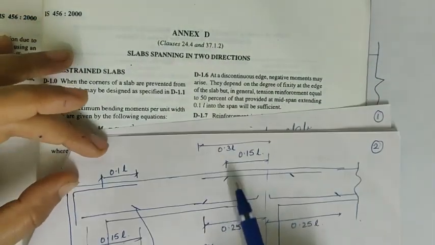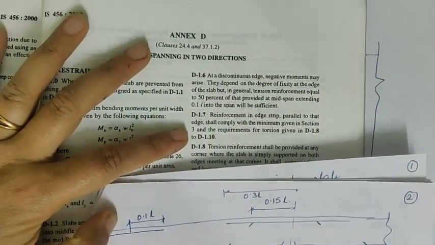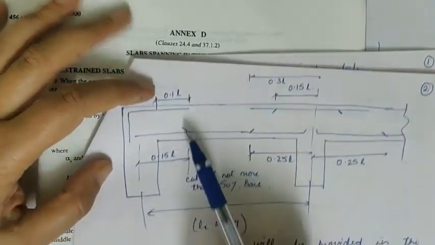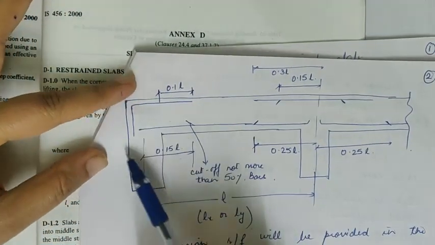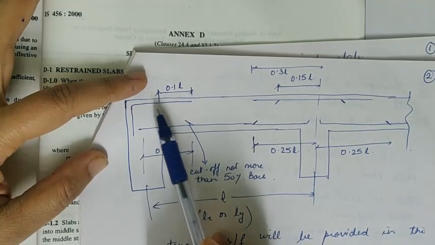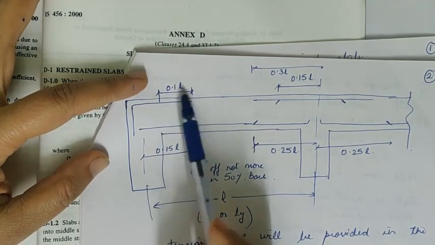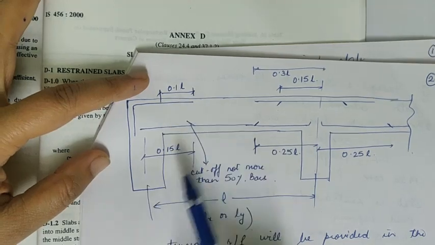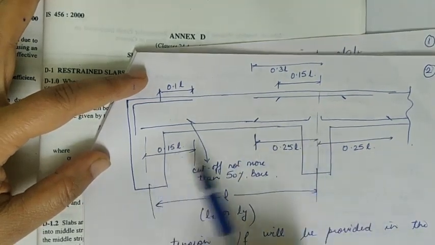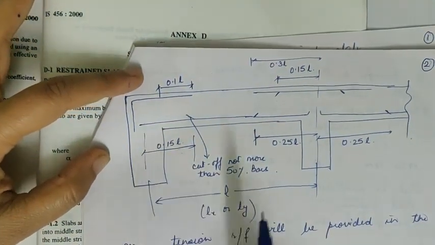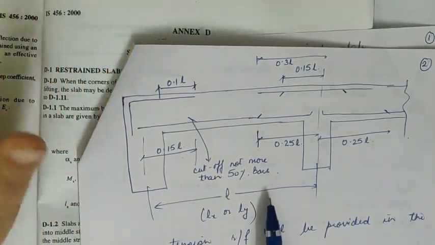Clear? The third clause, clause number D1.6, was about this particular negative reinforcement for the end support. It shall continue into this other side by 0.1 L from the face. Others were from the center of the support. This was from the face of the support. So this is how we will do the detailing of the reinforcement.